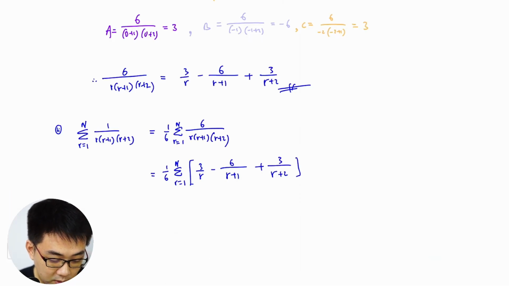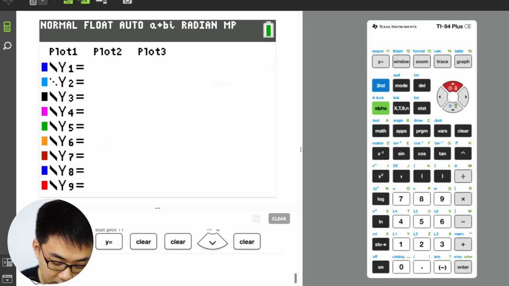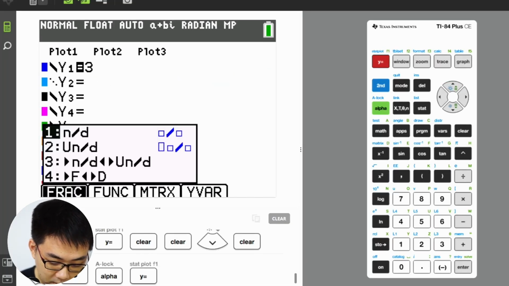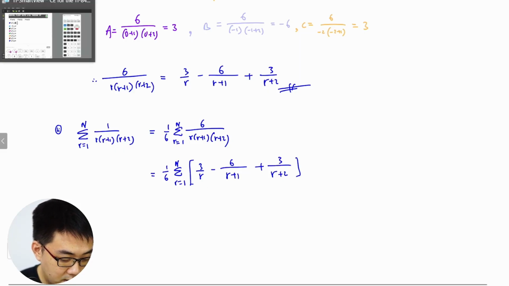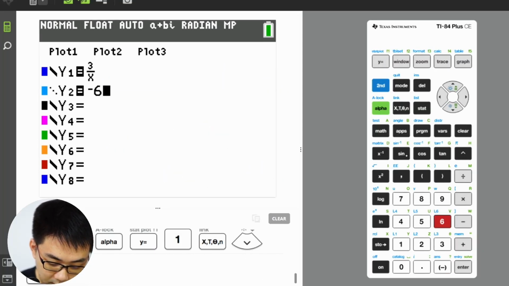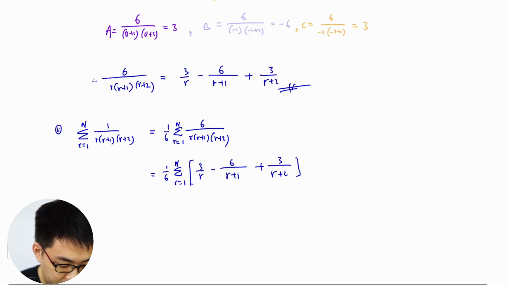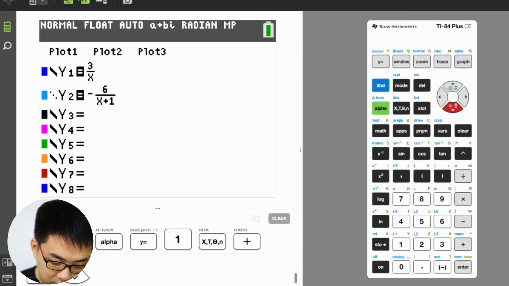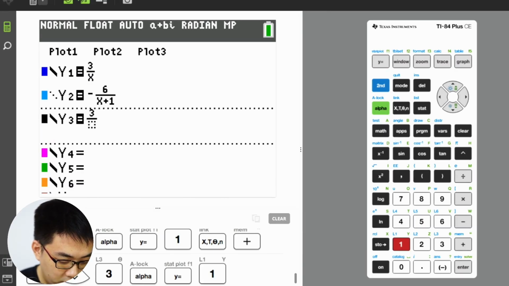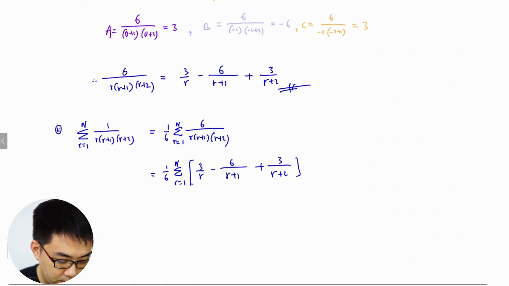You can actually use GC to list all these terms down. 3 over R, so you just put this as X here. Then you put this as minus 6 over R plus 1. And then you get the next one, which is 3 over R plus 2.